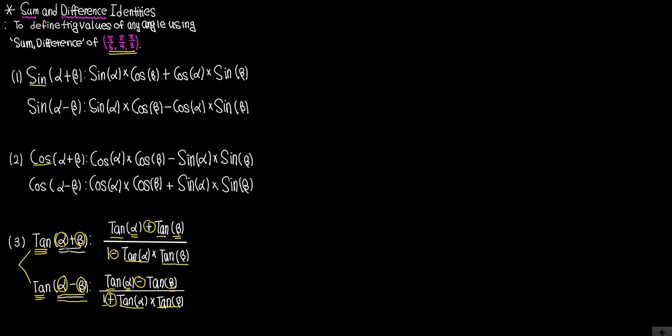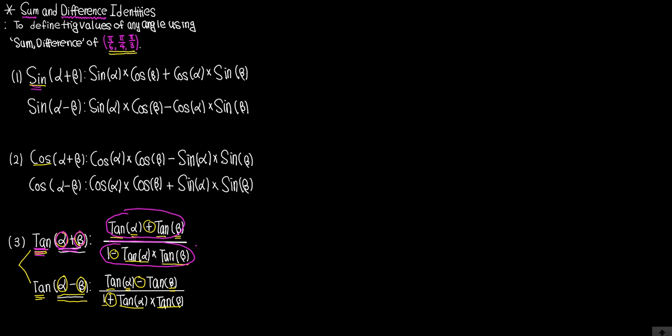When it is the sum identity between the two angle measurements, it will consist of a numerator and denominator, because the tangent is a ratio between the sine and the cosine. So for tangent, just like the sine value, it is sine over cosine. So the numerator must be related to the sine, and the denominator must be related to the cosine.